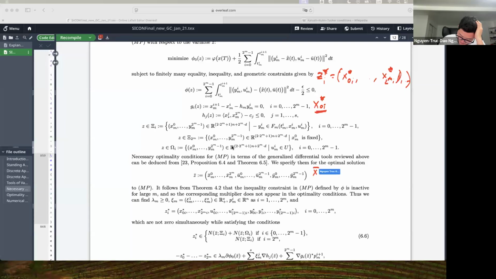If you have x0m, this one is going to be different, because if you look at the index down here, 0i, for this one we just have one index at the bottom, right? So x0m is in Rn.